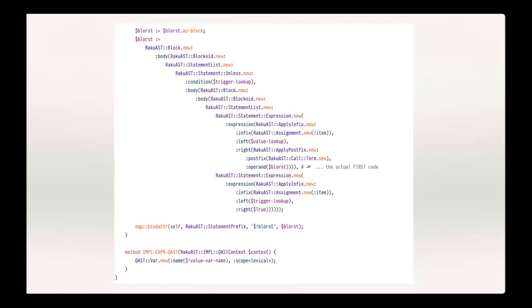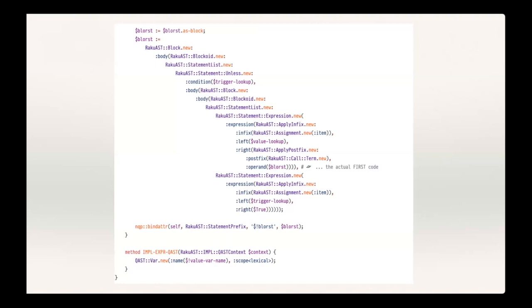And then we bind that blorst into the blorst attribute, and then whenever that blorst is being queried by the compiler front end for any reason, as in an expression, it's right there.